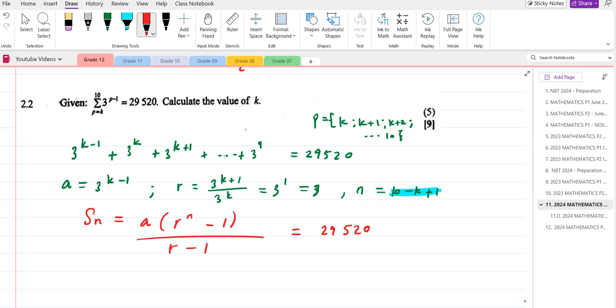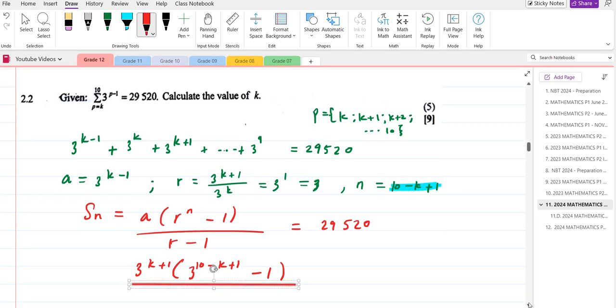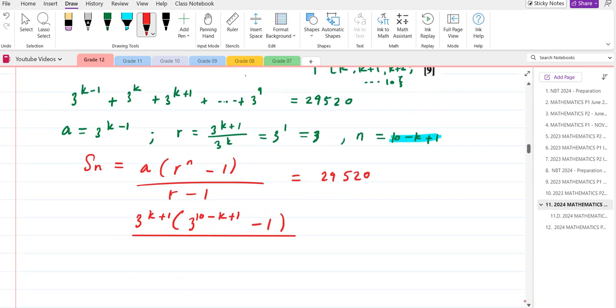So a is 3 to the power k plus 1, r is 3, and n is 10 minus k plus 1, right, minus 1 divided by 3 minus 1 is equal to 29,520. I'm going to take 29,520 and multiply it by 2.